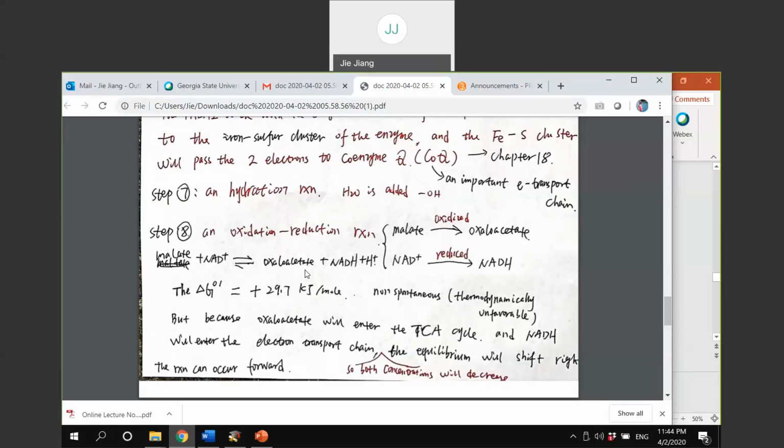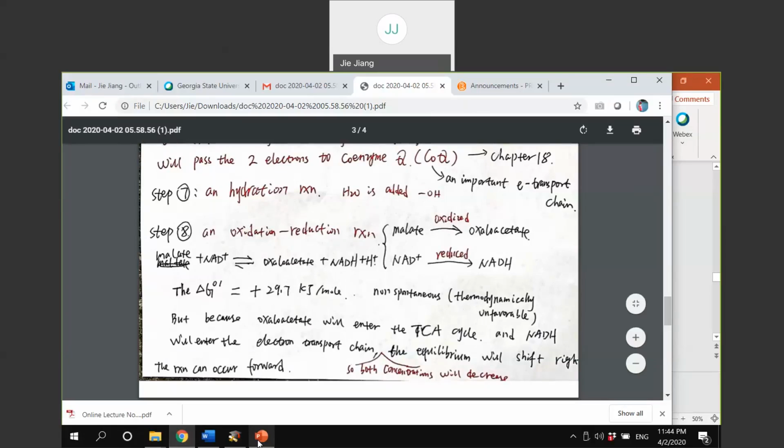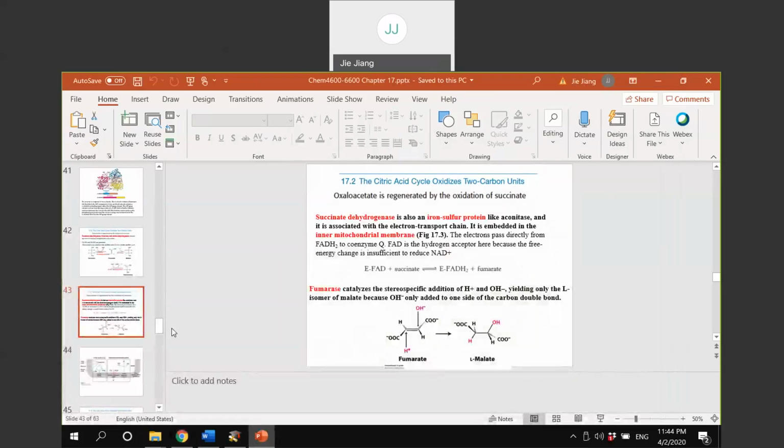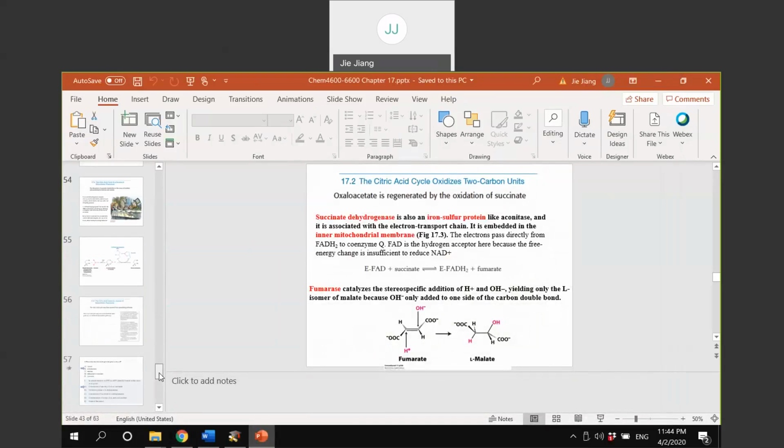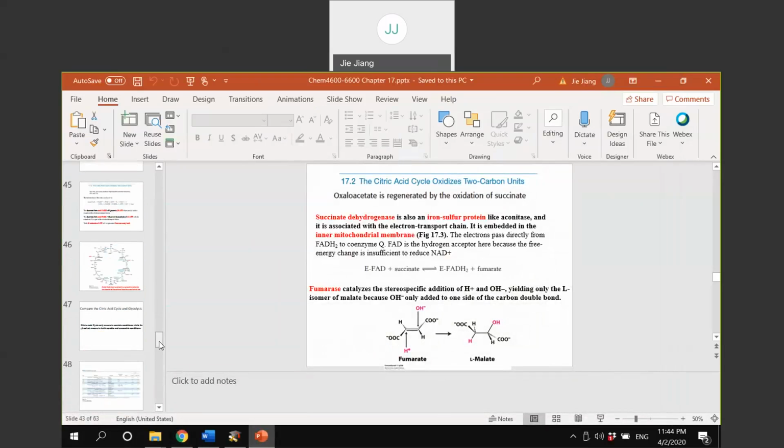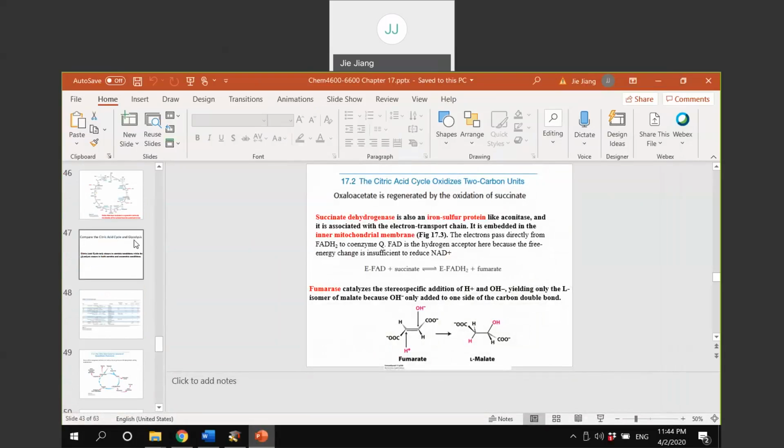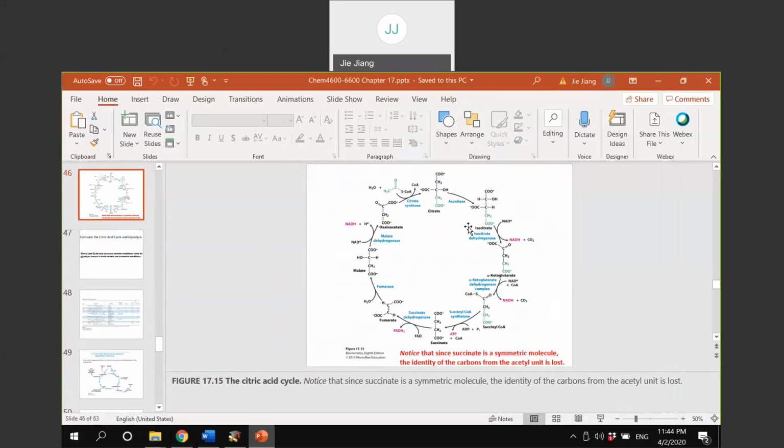If you look at the whole reaction, the whole cycle, when you form oxaloacetate, it will enter another cycle. It will get consumed. You need to use this oxaloacetate, right?